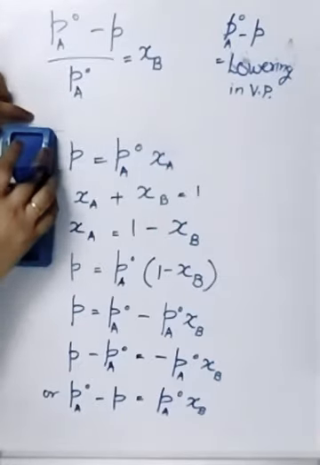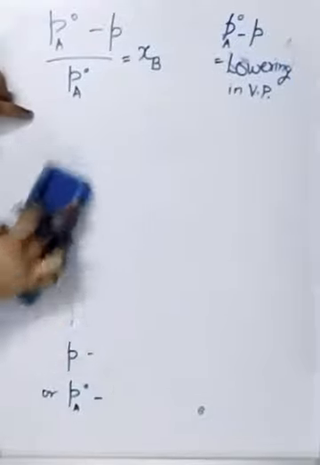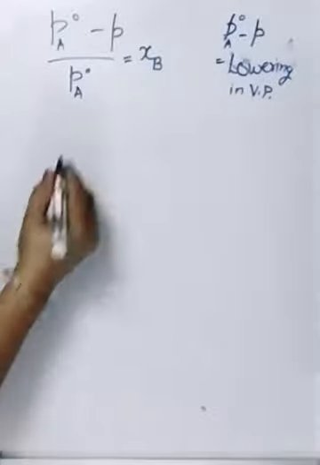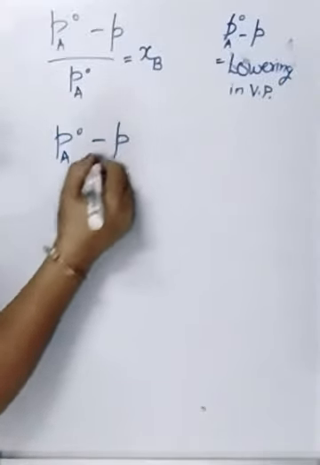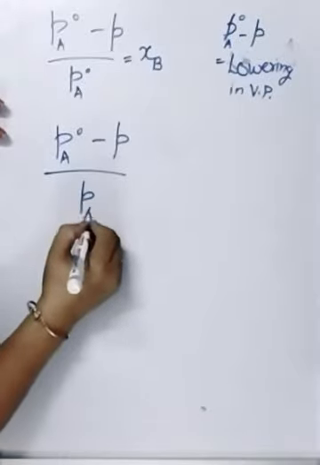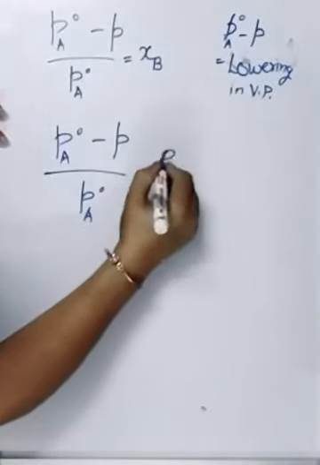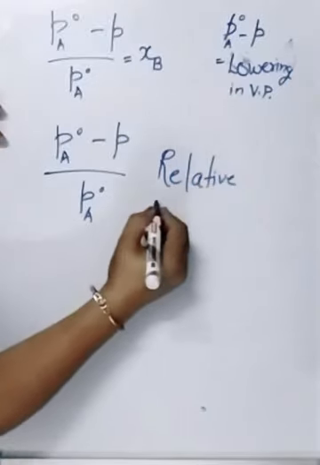We'll see it is relative lowering in vapor pressure. So this term PA naught minus P upon PA naught is called relative lowering in vapor pressure.